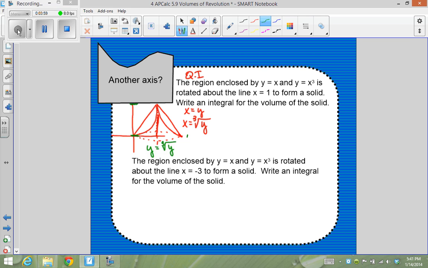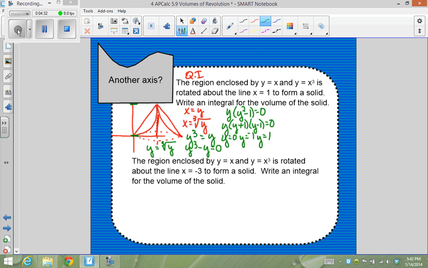If I do y cubed equals y from cubing both sides, then that gives me y cubed minus y equals 0. Factor a y out, gives you y squared minus 1 equals 0. And so you get y plus 1, y minus 1, so I've got y equals 0, negative 1, and positive 1.